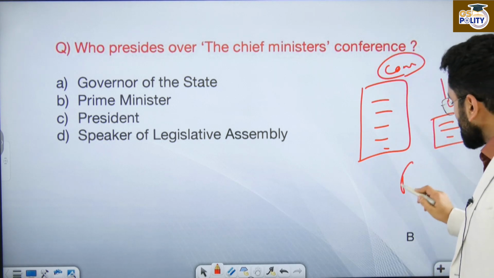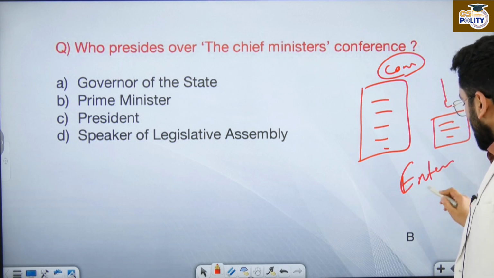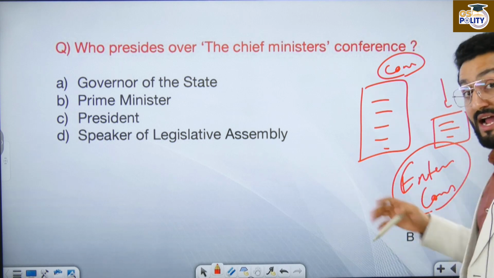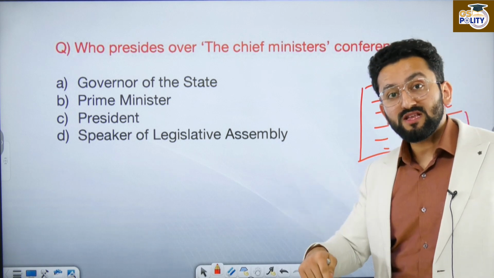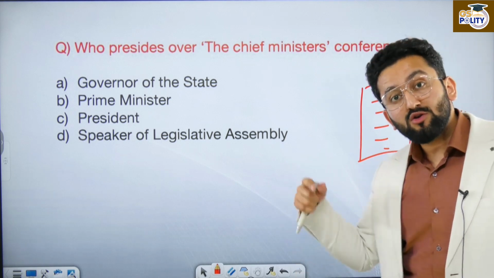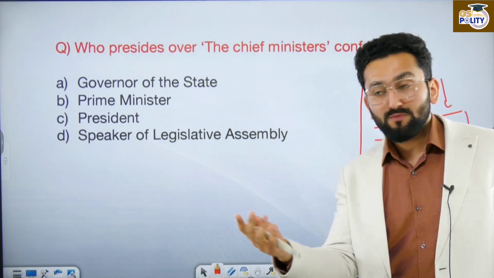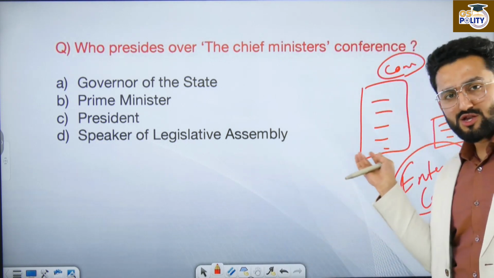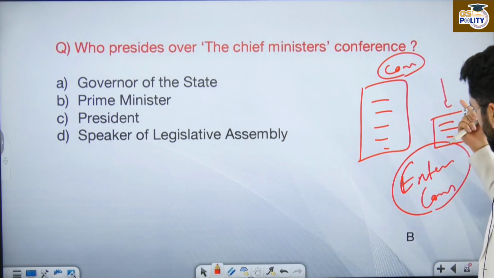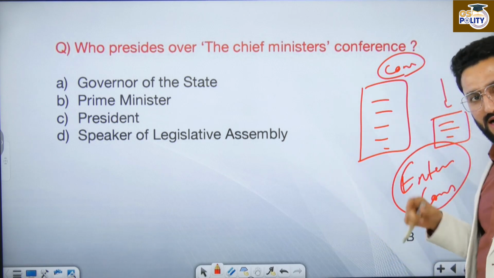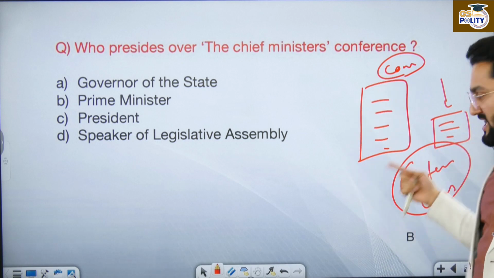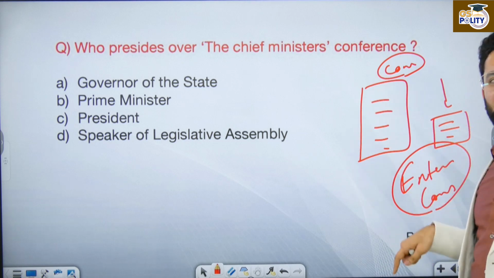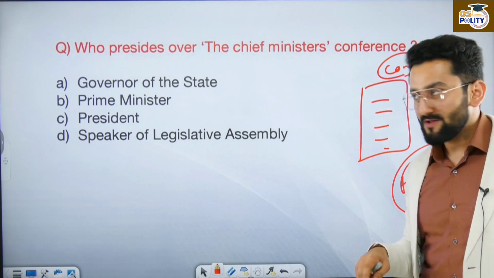So this is called extra constitutional. Extra constitutional and unconstitutional are different. Unconstitutional means a particular provision or action is against the constitution, but this is not against it. It is just that we want some additional power structure, some additional mechanism. So that is why we are making this. This is extra constitutional.